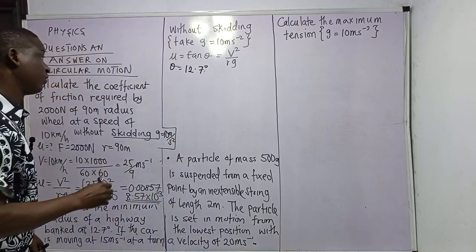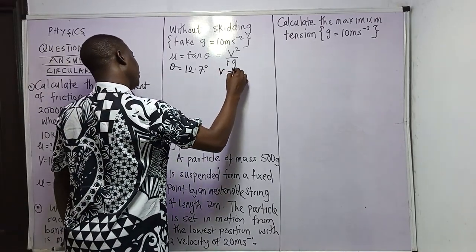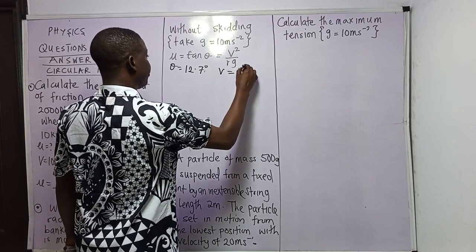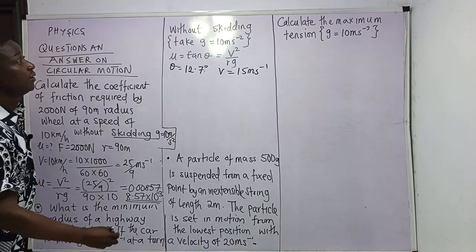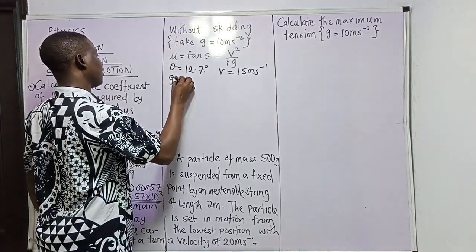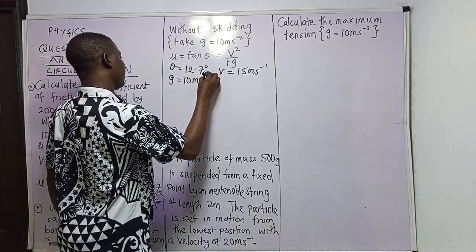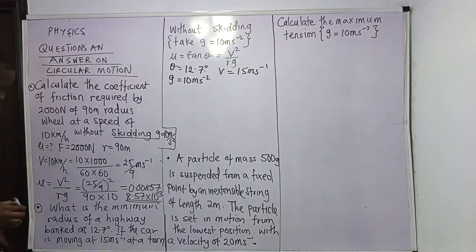We are given velocity V equals 15 meters per second. Then G is given as 10 meters per second squared. Then what again are we given? Radius.